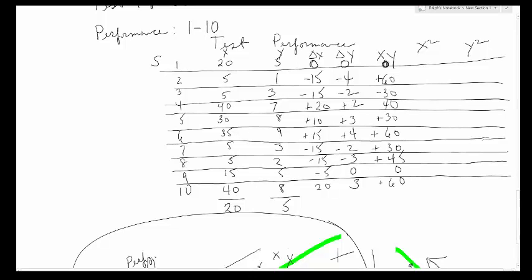Okay, so here I am, and now I'm going to do the x times the x for the x squared here. I'm just going to take this column and square it. So 0 times 0 is 0. 15 times 15 is 225.